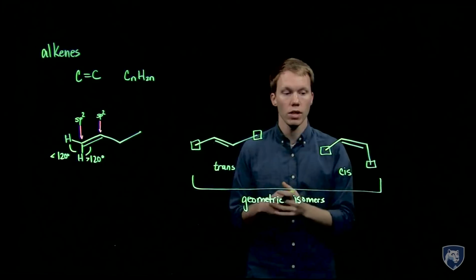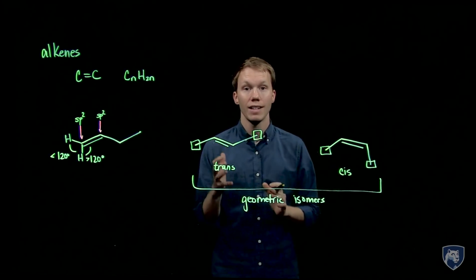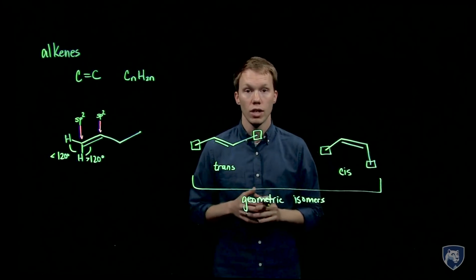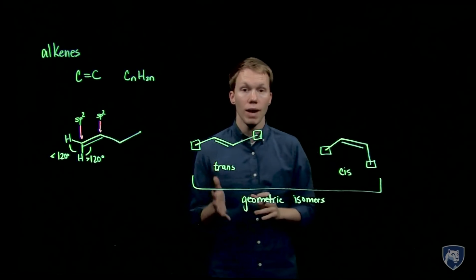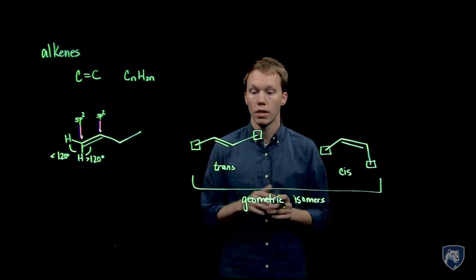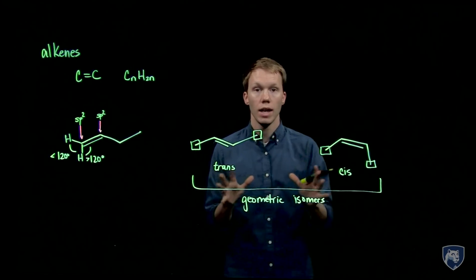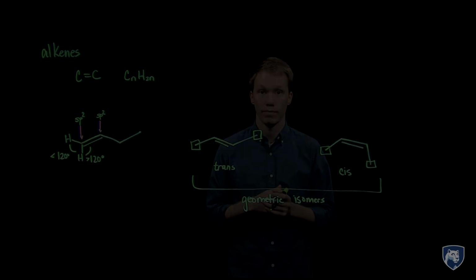So geometric isomers exist for double bonds because of that limited rotation about the carbon-carbon double bond. I will ask that you are able to recognize geometric isomers, but we won't go much beyond recognizing that that is the case.